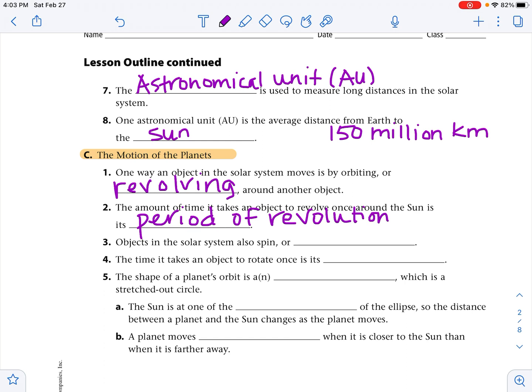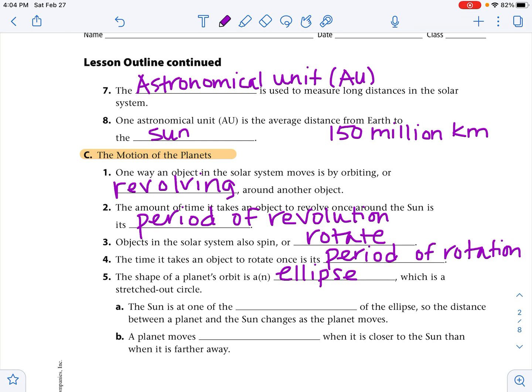Objects in the solar system also spin or rotate. The time it takes an object to rotate once is its period of rotation. This makes sense, doesn't it, guys? We've studied this already. The shape of a planet's orbit is an ellipse, which is a stretched out circle.